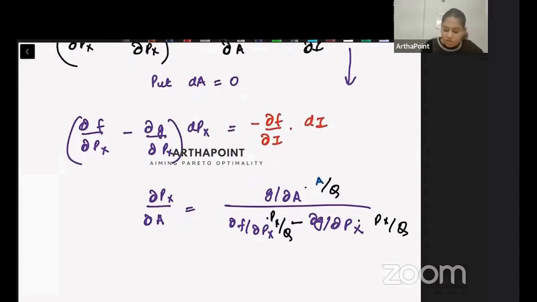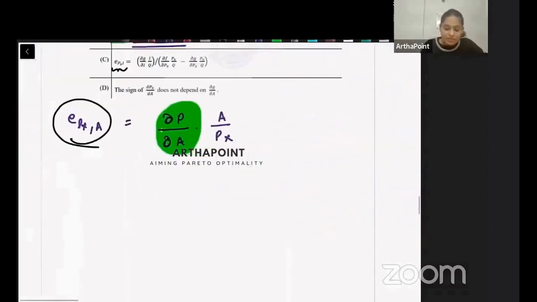And A becomes I, because it is with respect to I, with respect to income. So I have minus del F by del I in the numerator, and here they have given me del G by del I in the numerator. This is incorrect. Del G by del I was there for the first one. Here I have del F by del I. This is not correct.